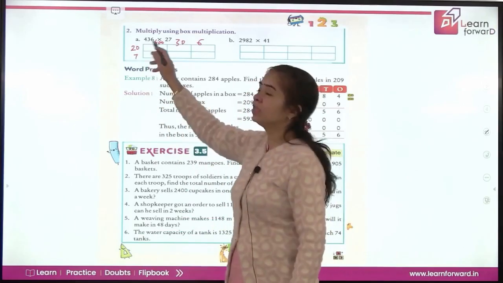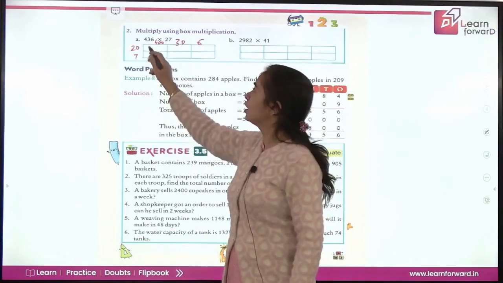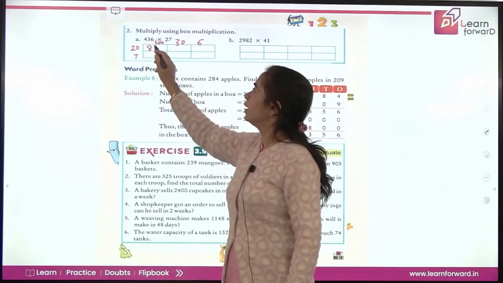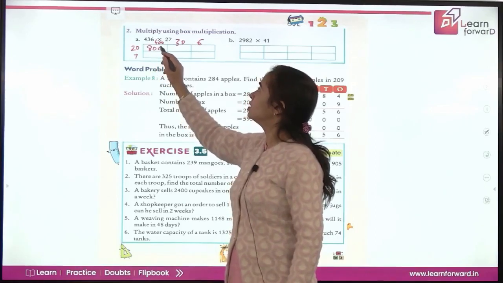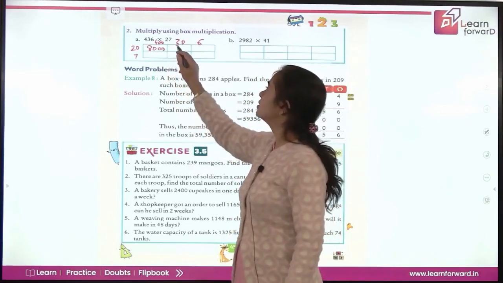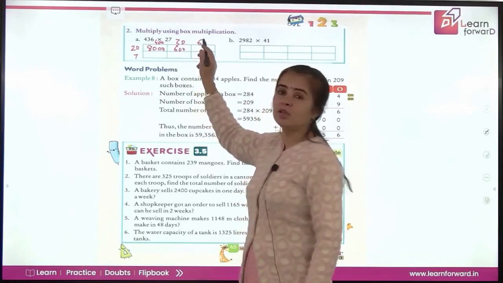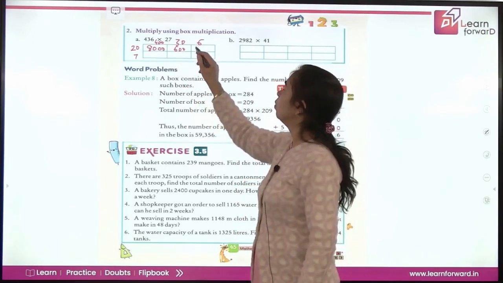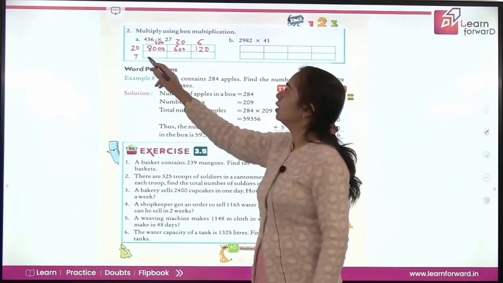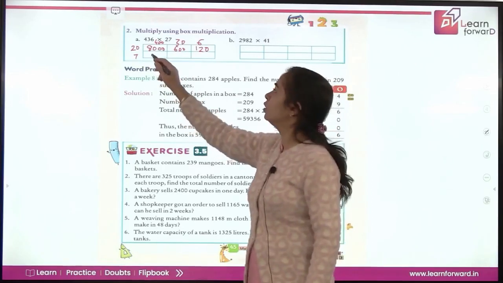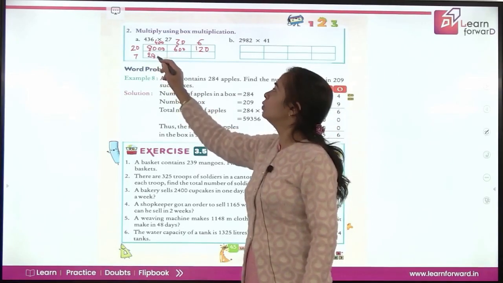Now multiply the crossing numbers, the numbers that cross at each box. You get 8,000. Here you get 600. Here you get 20 and 6, 120. Here you get 7 and 4, 28, 2 zeros.